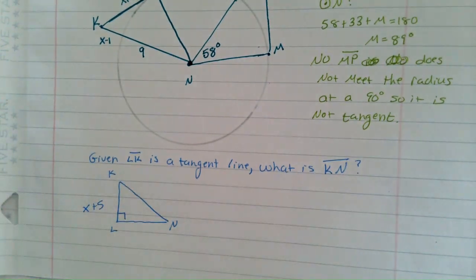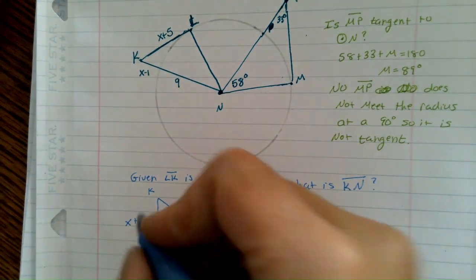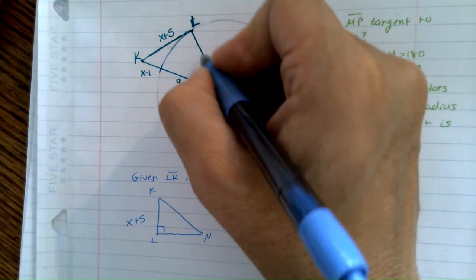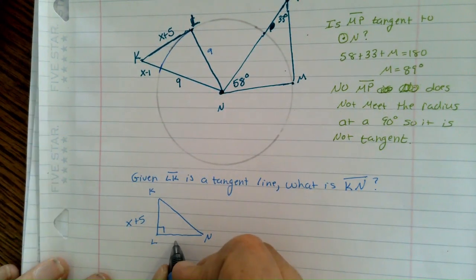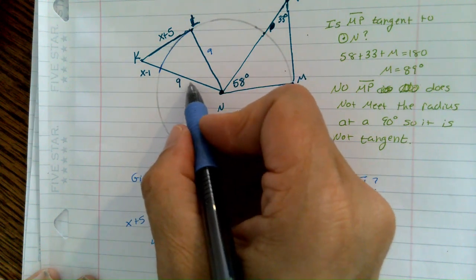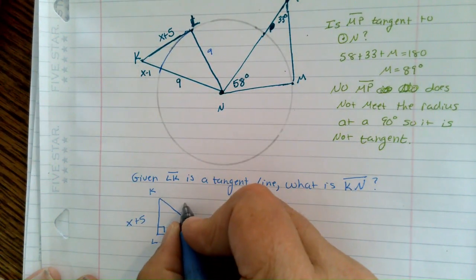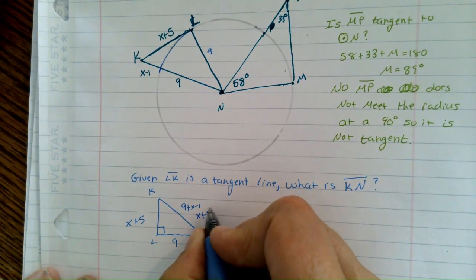But you can't see what I'm doing. How long is L to N? Well, they've given us the 9 right here, which means it's a radius. The radius is 9. And we know that the hypotenuse of our triangle is the 9 plus the x minus 1, or x plus 8.